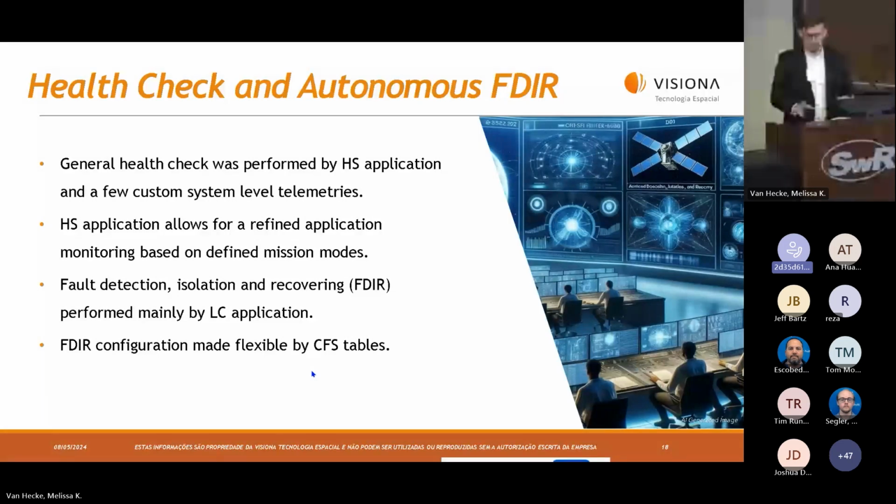And when we talk about FDIR itself, we have the limit checker application, which is also another powerful application that we customize for our needs, for our mission. But its vanilla version is already powerful enough to manage those FDIR functions. And it can do telemetry reading, masking, filtering, and also execute commands to recover the satellite to a nominal condition.